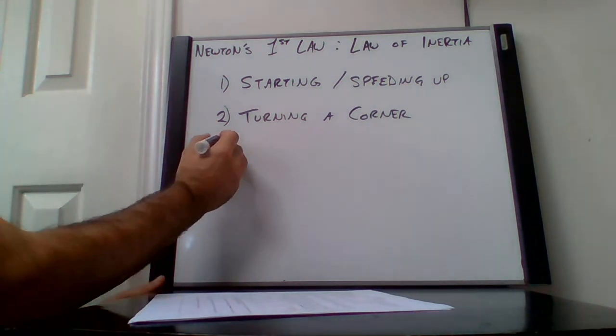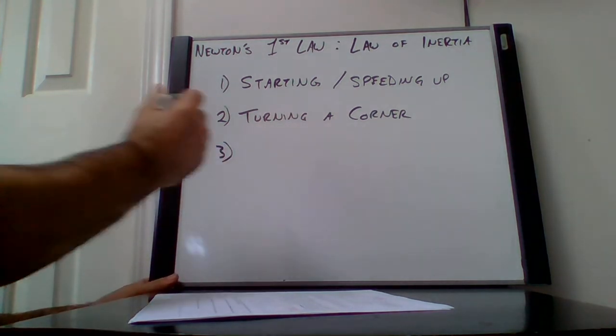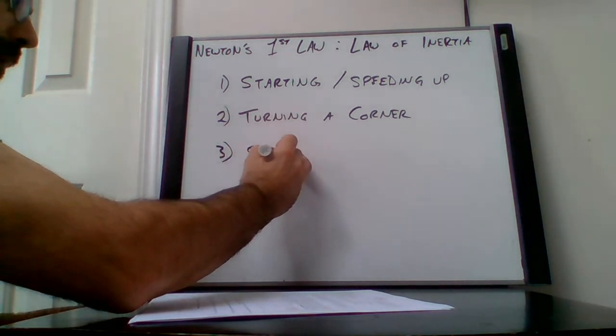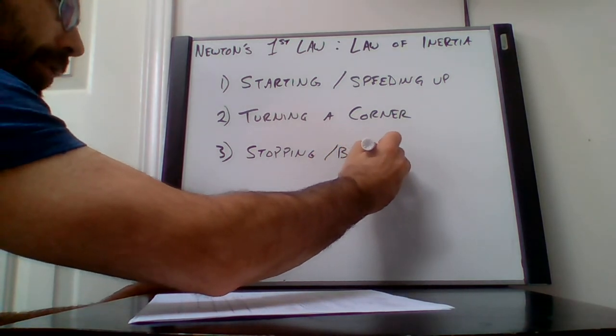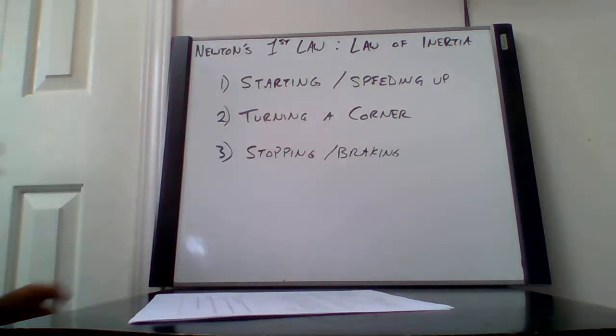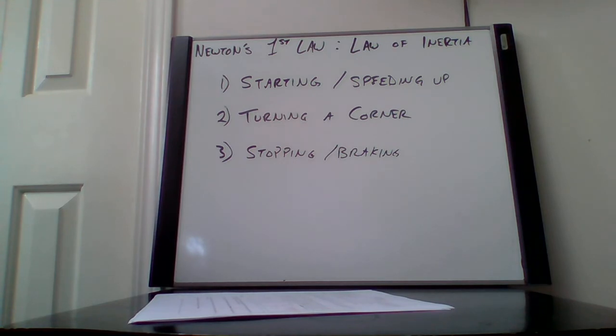Okay, and the third time that we would experience inertia is when we are stopping, or braking, slowing down. Okay, we're going to feel that change in our velocity as we're moving, right? So anytime we see these 3 situations, we are experiencing inertia, a change in our motion.